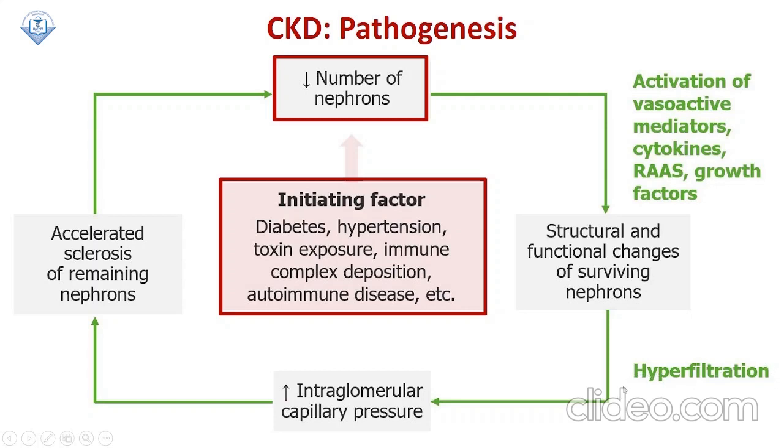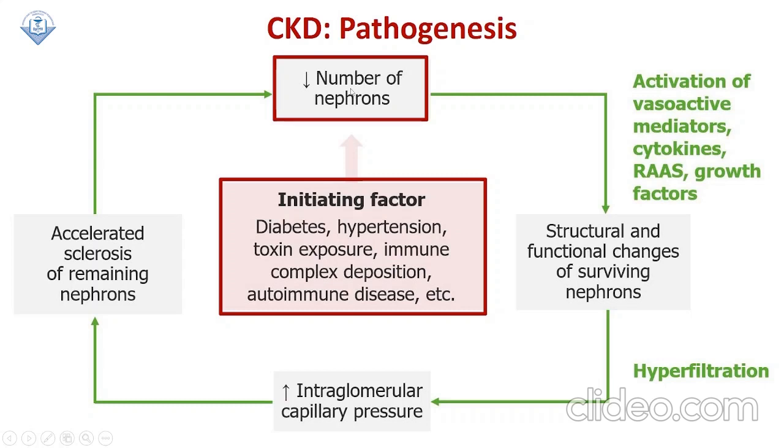Hyperfiltration, we can think it is good when filtration is intensive, but actually it's not good because it's just a stage of compensation of kidneys which are damaged due to some causes. What has happened next? Next we can see increased intraglomerular capillary pressure, accelerated sclerosis of remaining nephrons, and decreasing in number of nephrons again.